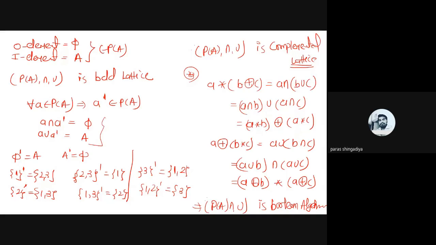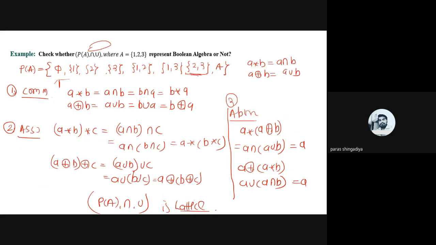Is there any doubt to anyone? This solution is not mentioned in the slide, so take a screenshot of this page, showing how we can prove it and how we can solve it if it is asked in the exam. Clear? So this is the solution of whether P of A, intersection, union is a Boolean algebra or not. Take the screenshot for your reference. That is page 1, and after that page number 2.